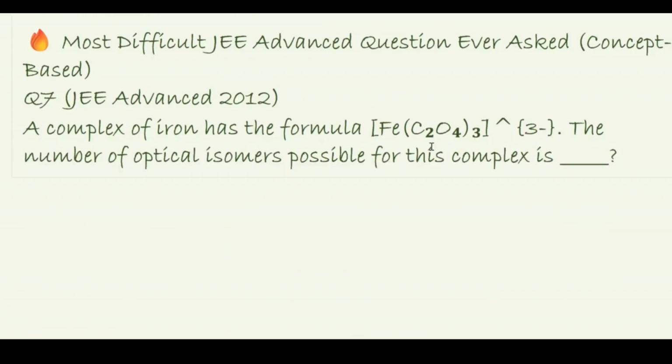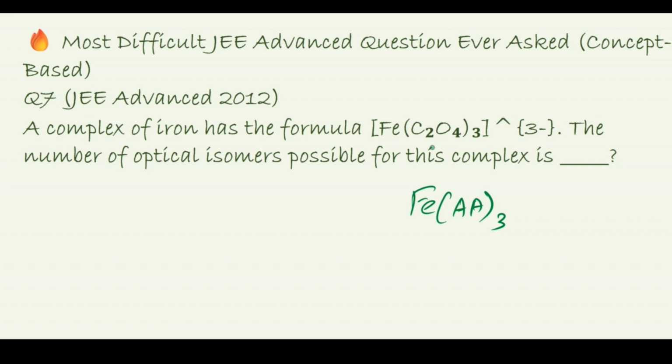And this question, the most difficult JEE Advanced question ever asked. A complex of iron has the formula iron with oxalate. What is the number of optical isomers possible for this complex? This is a bidentate ligand, Fe with AA type, right.